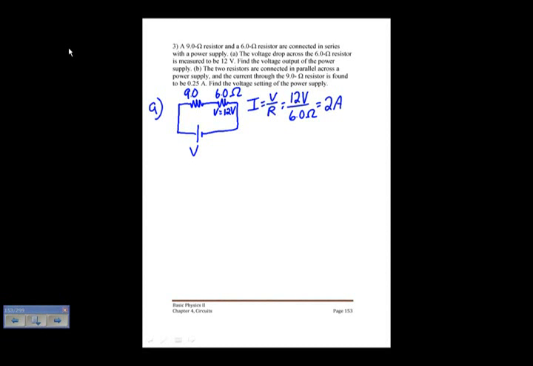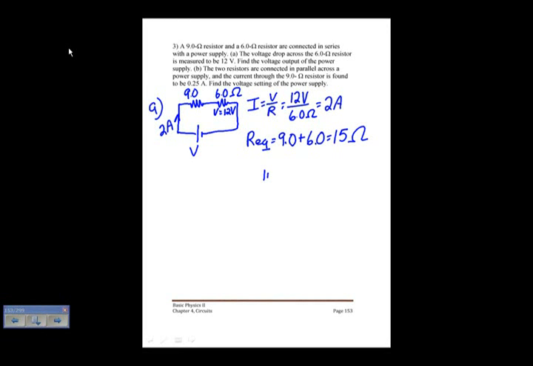Because resistors in series have the same current, there is also 2 amps flowing through the whole circuit. So now I need to find the equivalent resistance, which is going to equal 9 plus 6, which is equal to 15 ohms.